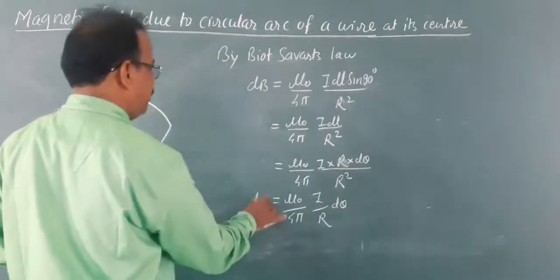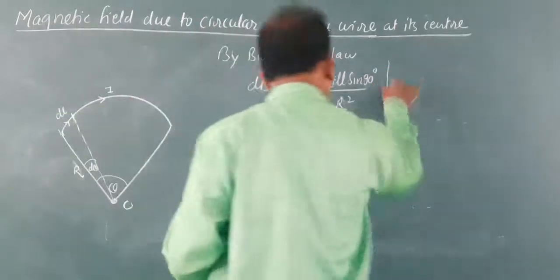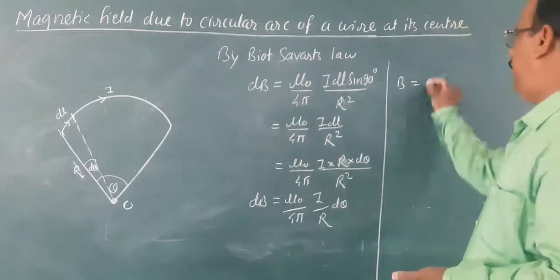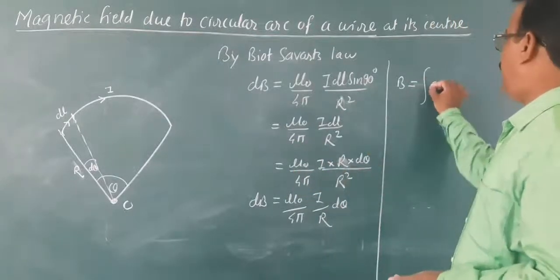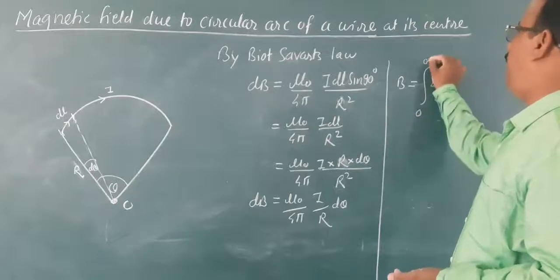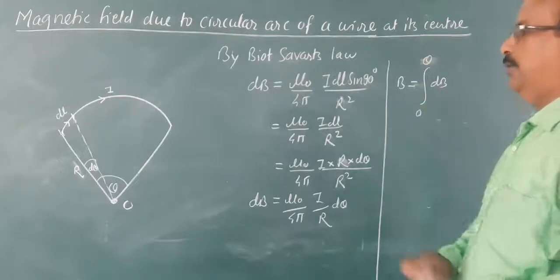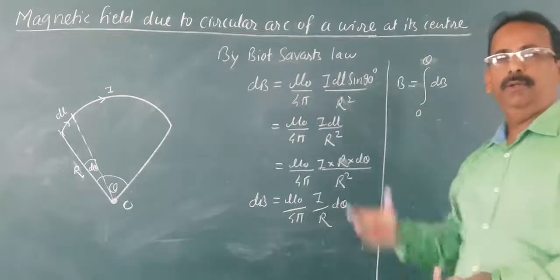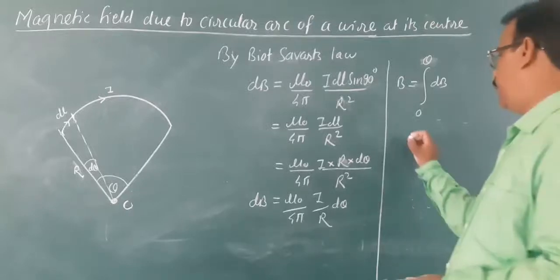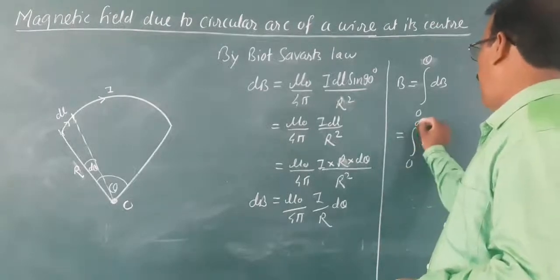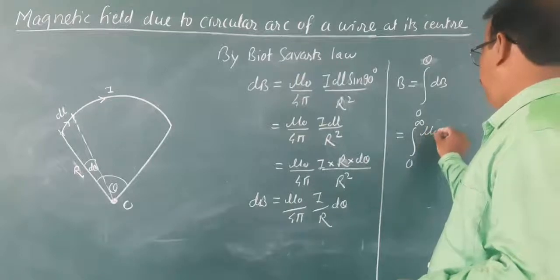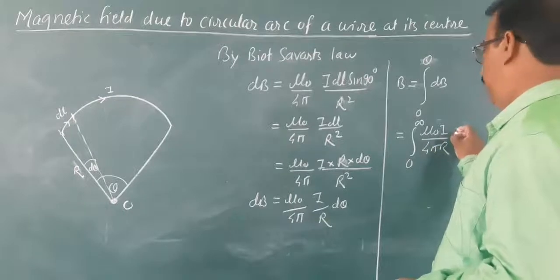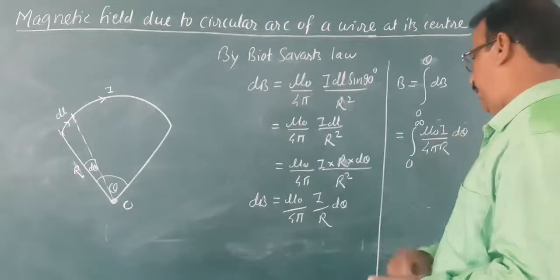This is dB. To get total magnetic field produced by that circular arc at the center, take integration of this dB by applying limit 0 to theta. Angle subtended by the circular arc with the center is theta. Therefore, solve this integration, 0 to theta. dB is mu 0 I upon 4 pi R into d theta.